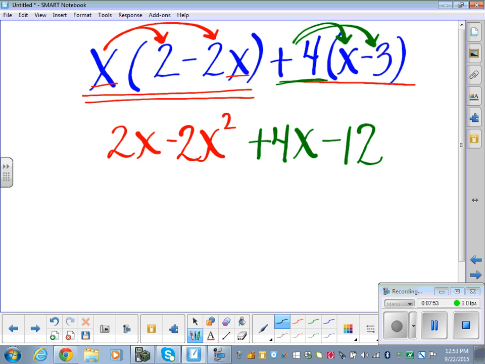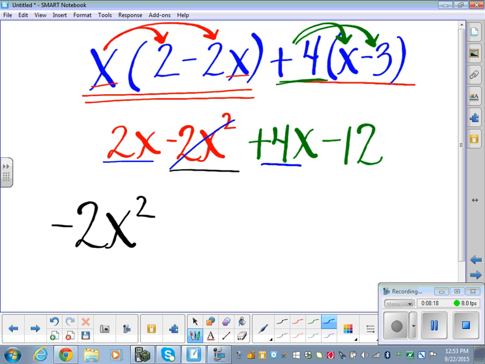So looking at this, the highest degree is -2x squared. So I'm going to write that first. There's no other x squareds. Being careful to not forget the signs. So we have -2x squareds. And as I go, I like to cross them out so I don't miss anything. -2x squareds. Now let's combine the next highest degree. So the next highest degree would be our x's.